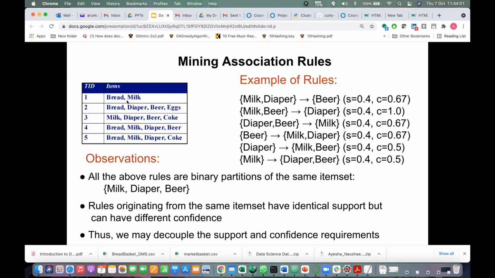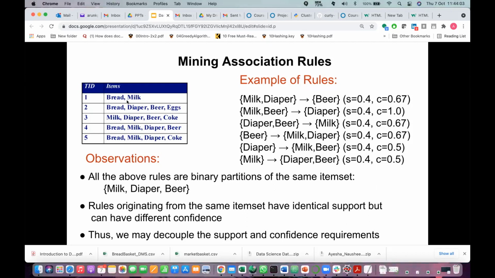So the cardinality of X is 1 and the cardinality of Y is 1. For my association rule, I am putting that restriction. Then what frequent item sets do I need to find out to get those rules?